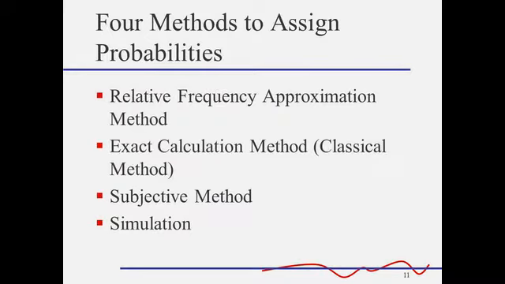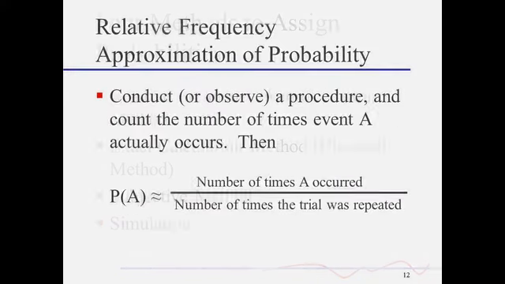Next, we'll talk about the 4 ways to assign probabilities to events, and we'll discuss these 4 methods in the next slides. The first method we'll discuss is called the relative frequency approximation method. To find the relative frequency of an event, we conduct the probability experiment many times and count the number of times that the event actually occurs.